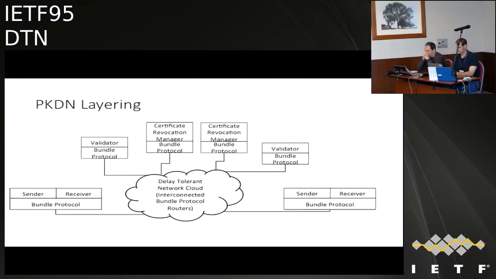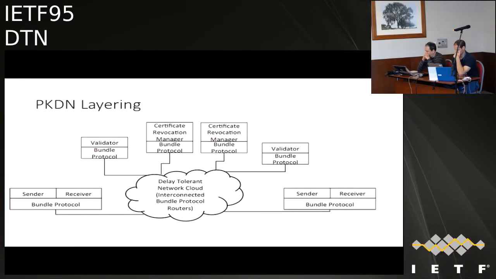During our previous presentation, there was a discussion about the layering for PKDN. So that's why we introduced this diagram. We see that the entire PKDN layering is on top of the bundle protocol.